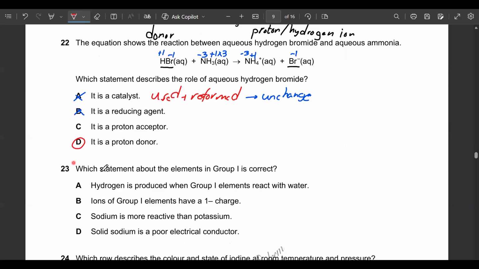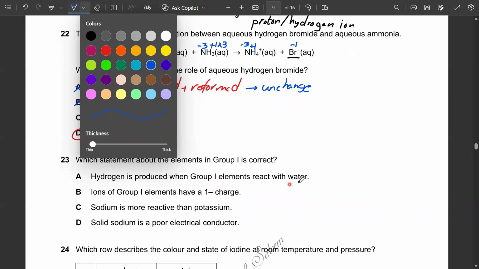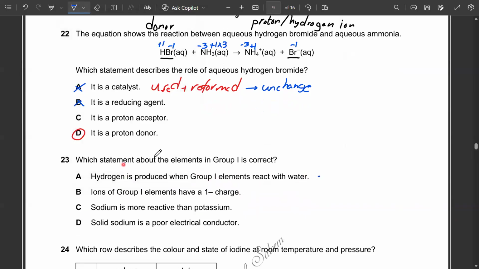Then question number 23. Which statement about the elements in group 1 is correct? Hydrogen is produced when group 1 elements react with water. Okay, so for the time being, I will consider this statement as the correct option because what we learned in the literature is that a metal's reaction with water produces two products.